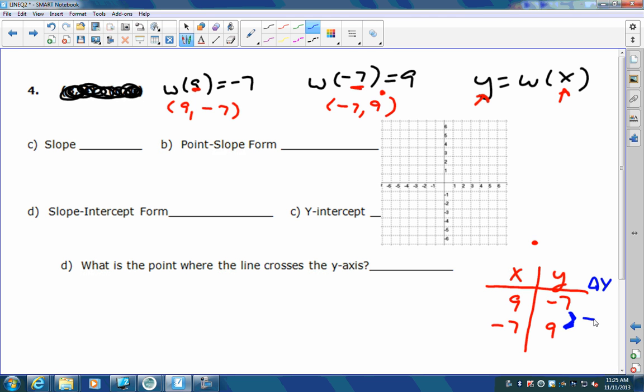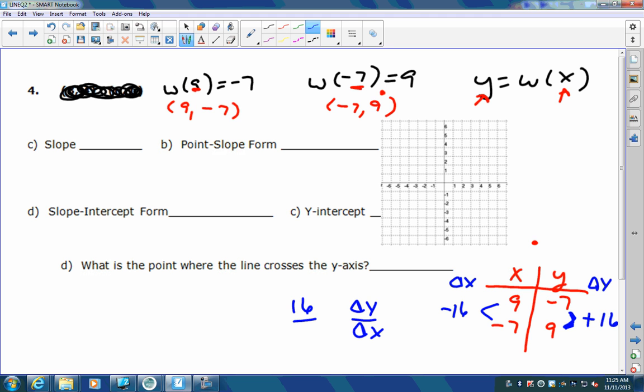No. Put it in the calculator. 9 minus negative 7. 16. Delta x. Going from 9 down to negative 7 is, oh, this is positive 16, isn't it? Yeah. And that's a negative 16. All discombobulated. All right. Finally figured it out.